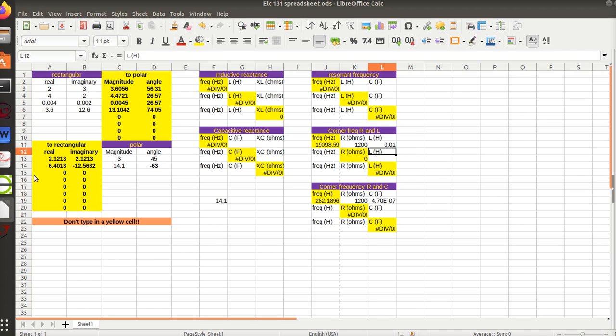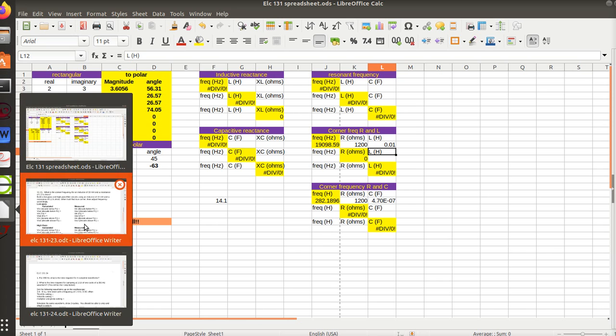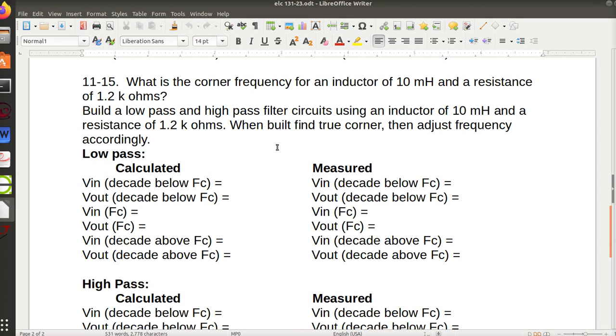Okay, so back to the worksheet. When you build it, if you can build it, then you want to find the true corner frequency. What happens in a practical circuit is your 10 millihenry inductor will have some internal resistance.